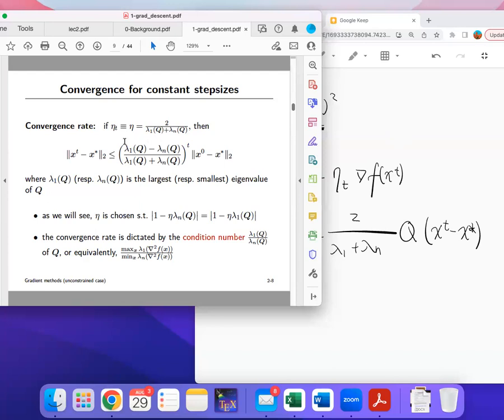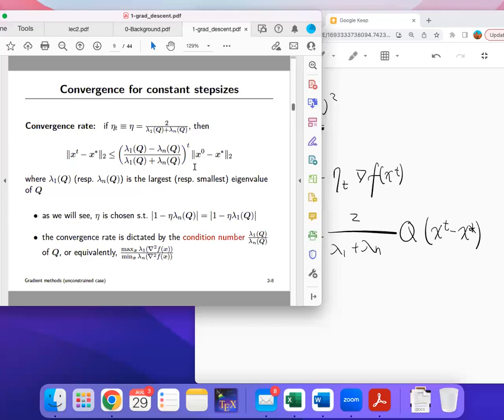And we can see that this convergence rate critically depends on this fraction. If this number is very small, then the rate is faster. And this rational number depends on what? You can divide both sides by lambda n, so it depends on the ratio between lambda 1 and lambda n.